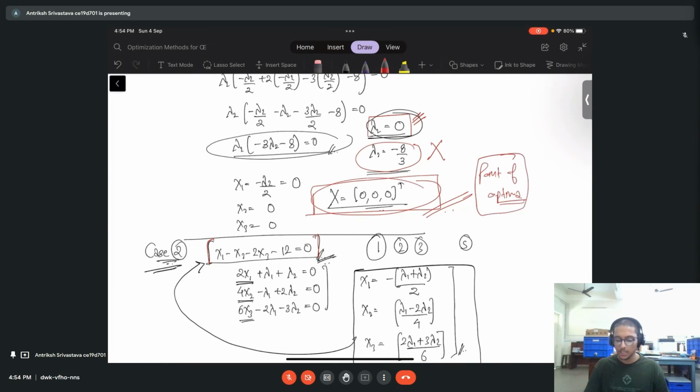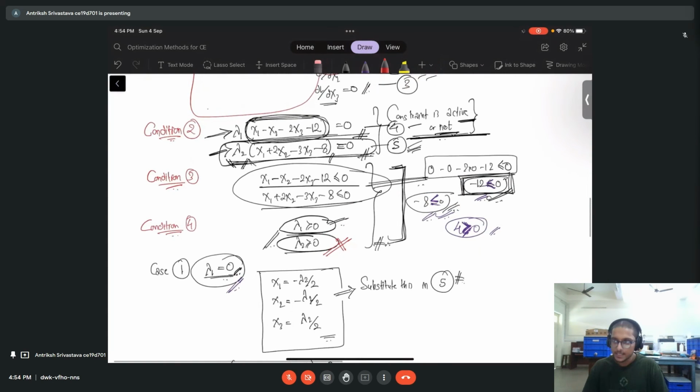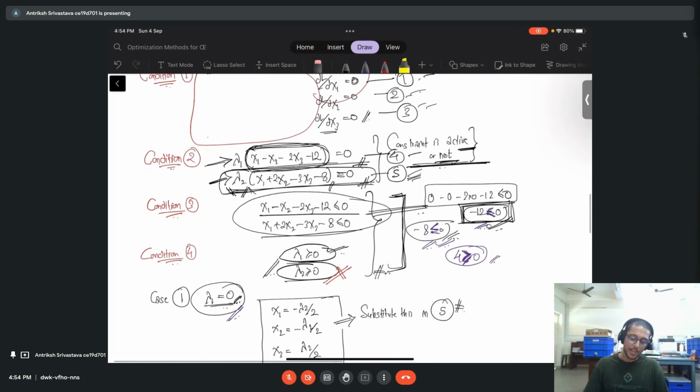Before that, do you have any questions on this? No doubts? It is good that you don't have doubts. Now I have a question. We made case 1 lambda 1 equal to 0, and case 2 this inequality equal to 0.